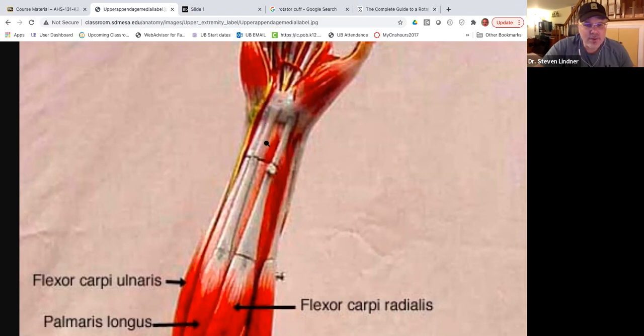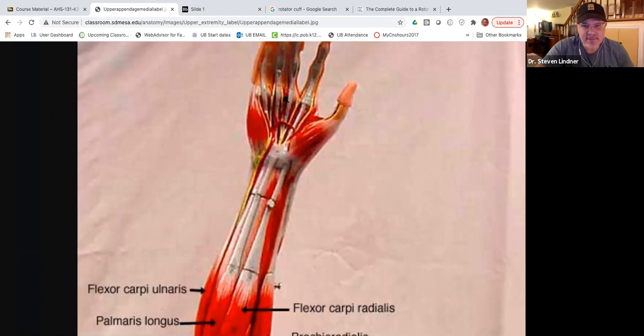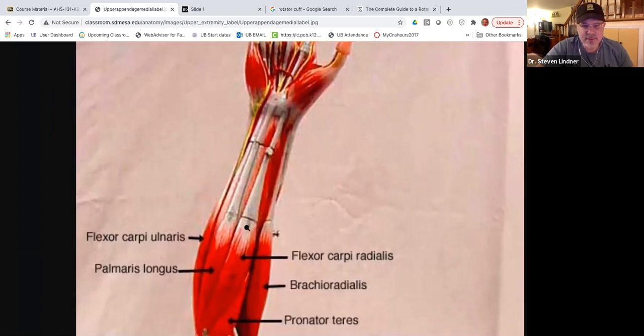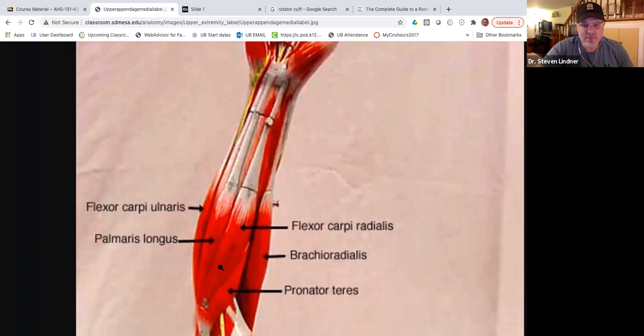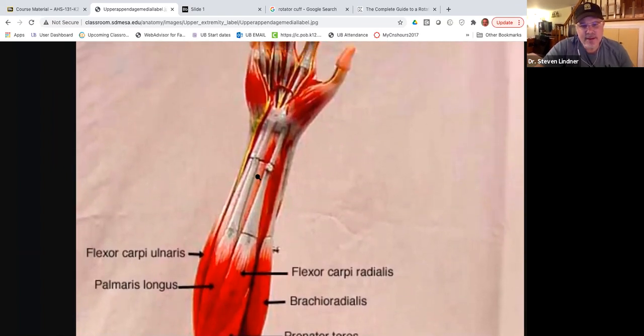Now, I pointed out these flexor tendons of the fingers. The belly of the flexor digitorum muscles, if we look deep to these superficial ones that we just discussed, deep in here, we can see here's a belly of a muscle between these two tendons. And then here's a belly of a muscle.